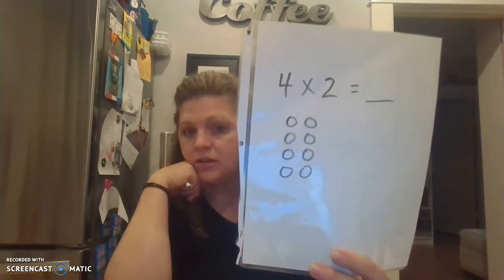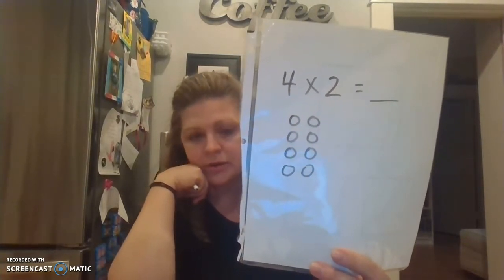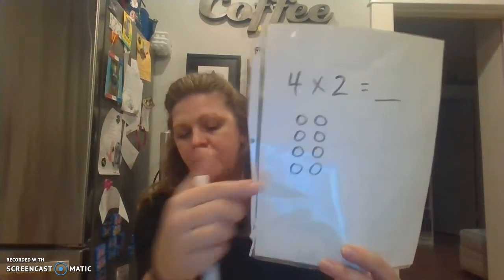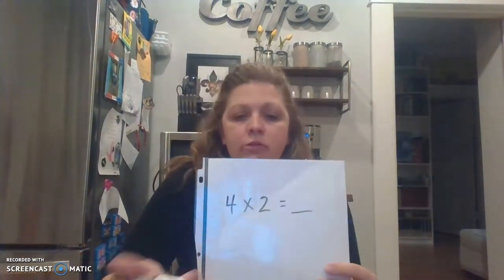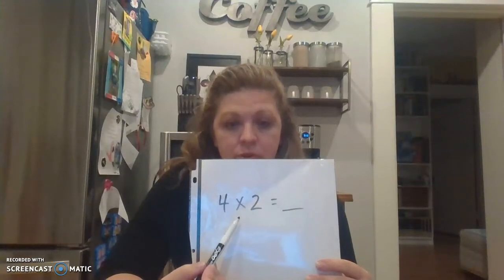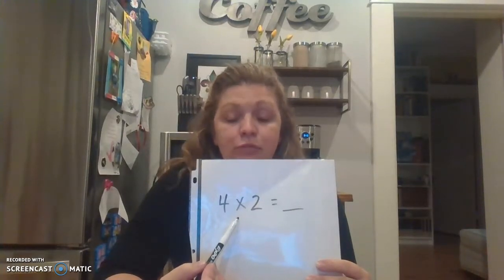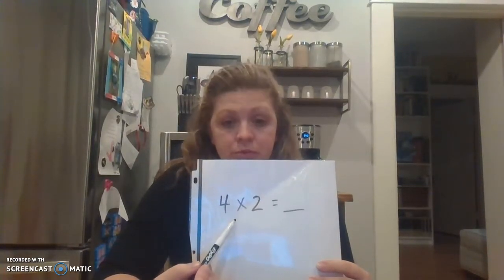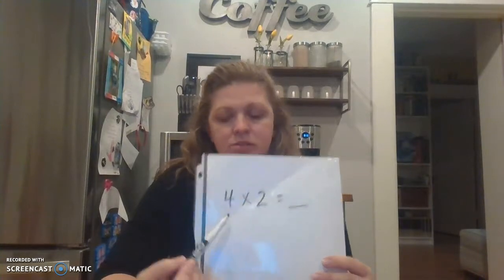There's a lot of different strategies we've been talking about. So I can start with here. I could use my arrays, but I'm going to erase that because I want us to think about how we can use our chart to help us solve 4 times 2. And we remember that the X means what? The X means groups of. So I have 4 groups of 2. So I want to figure out the answer to this.